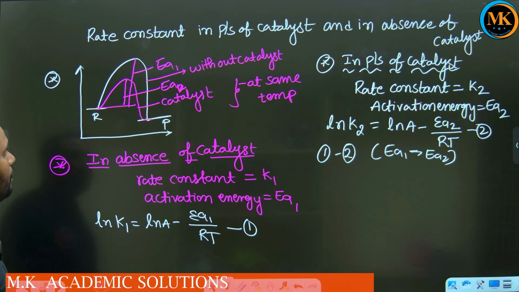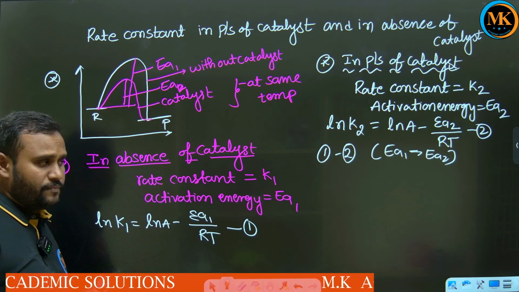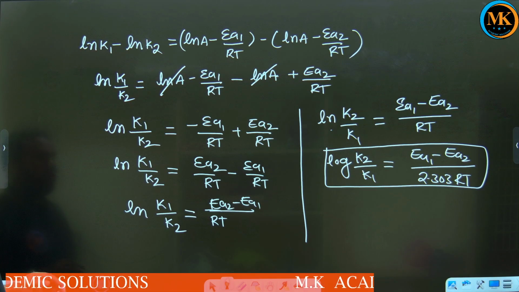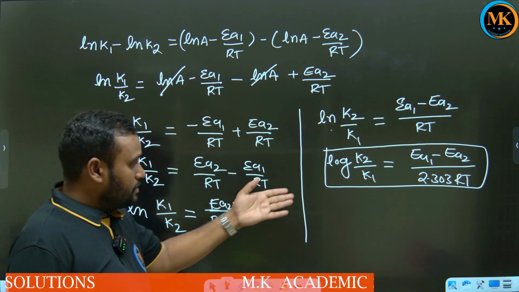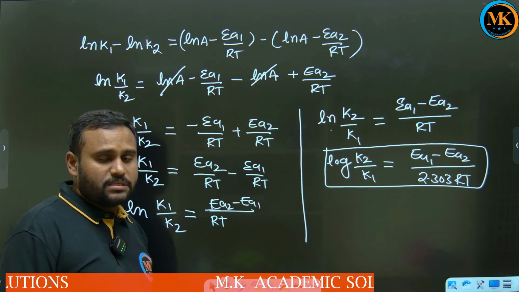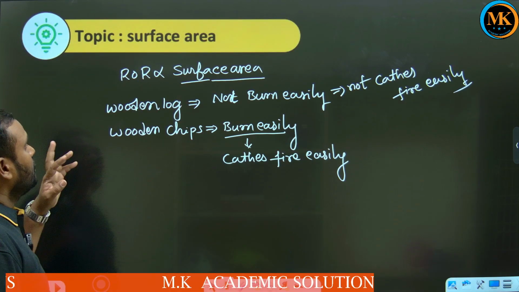Next, rate constant in presence of catalyst and in absence of catalyst. These are the equations. This is the Arrhenius equation in presence and absence of catalyst, and then surface area.